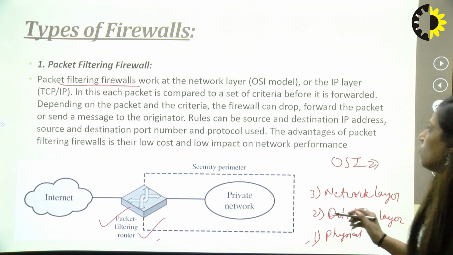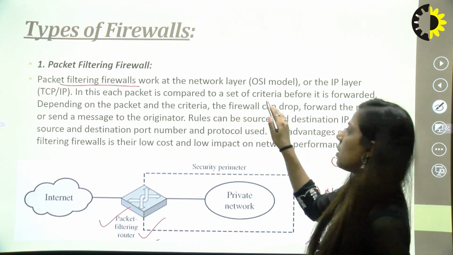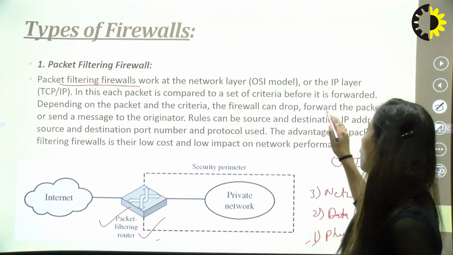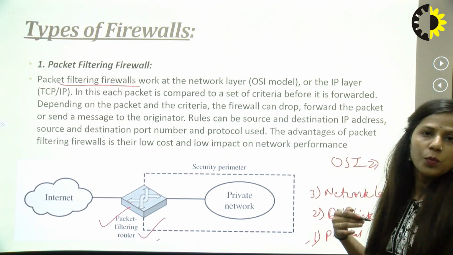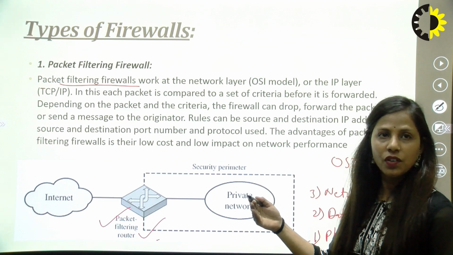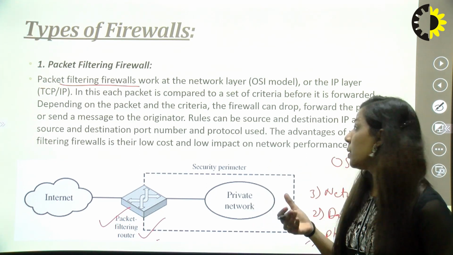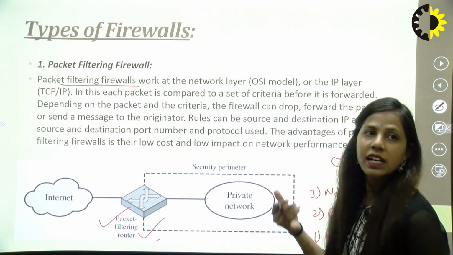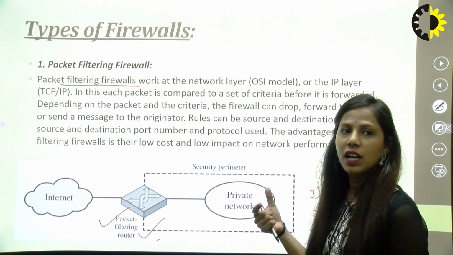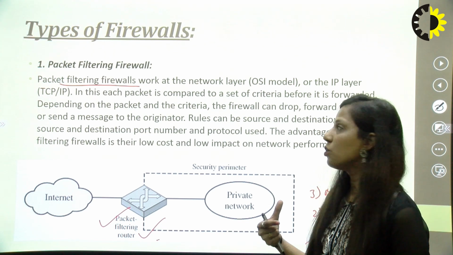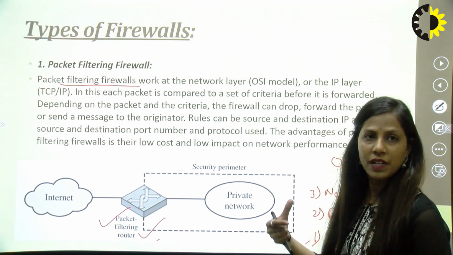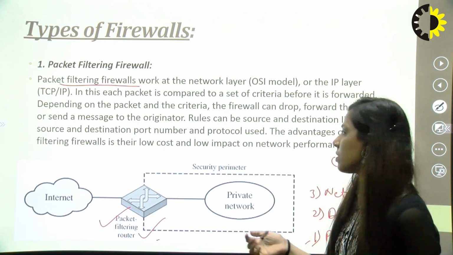Now each packet is compared to a set of criteria before it is forwarded. Whenever we transfer information from one network to another, it compares the set of criteria and then forwards it, so that an outsider or external user accessing those packets can't access the message.